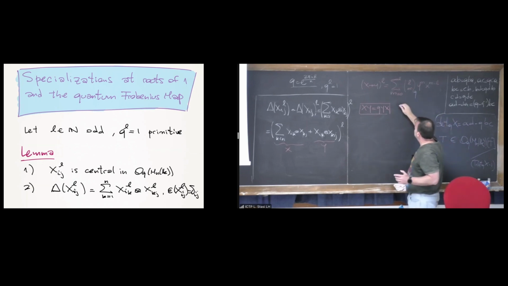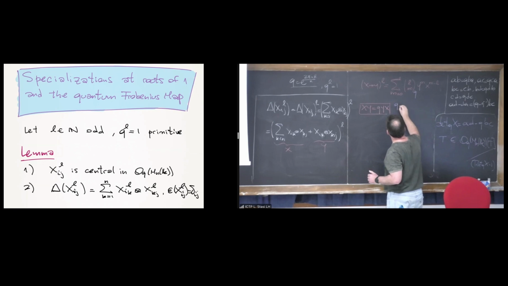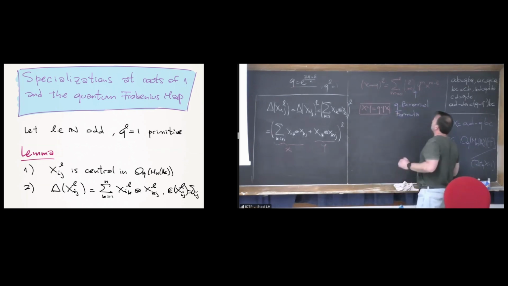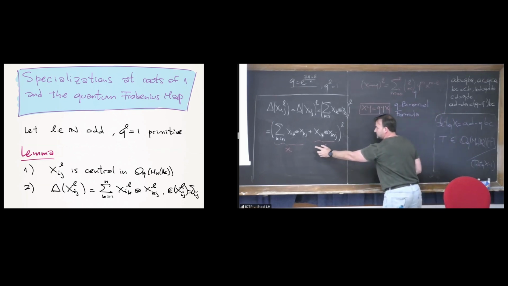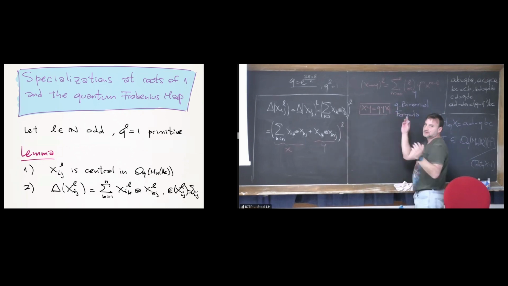This is the famous Q-binomial formula. Here, the two terms Q-squared commute, but it's the same. We are replacing Q with Q squared. And we have to change the binomial by the Q-binomial.